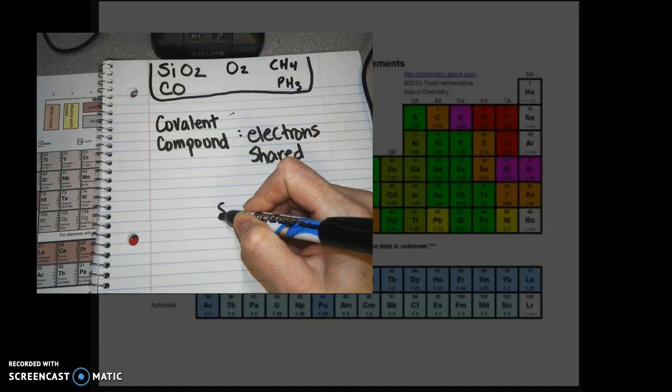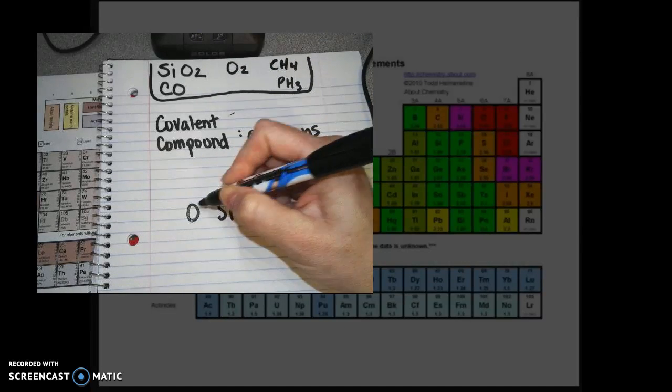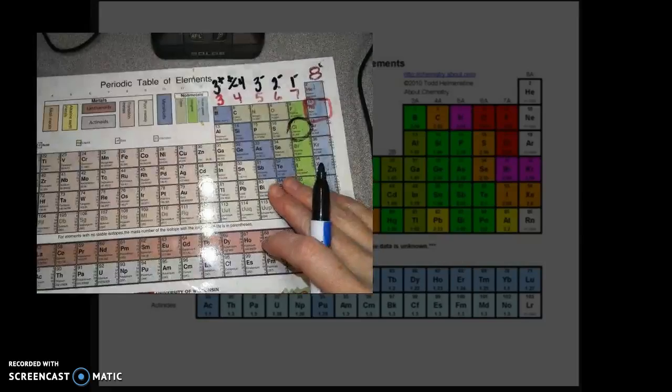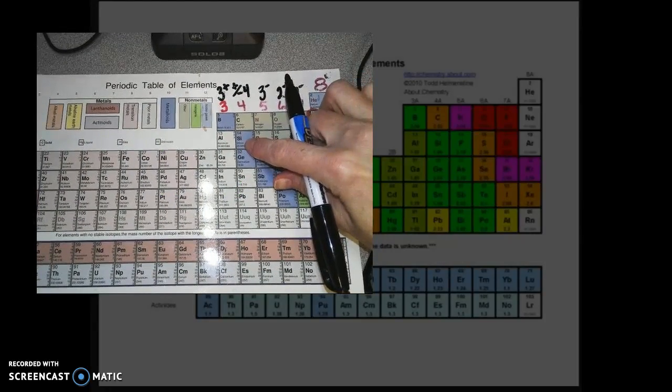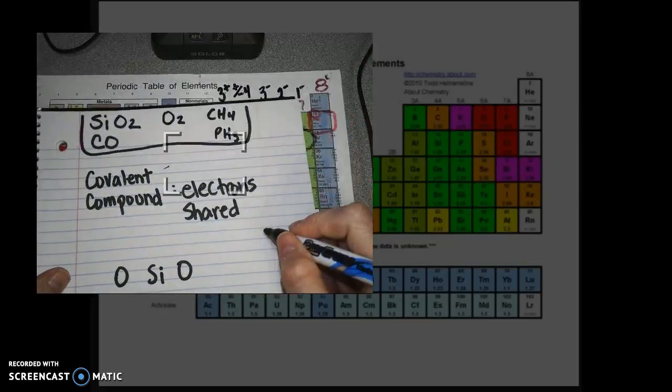Okay, so let's do this. Let's put silicon in the center, and let's put oxygen on either side. Okay, so we know that that's true. Now we've got to count up the number of valence electrons that we have here. So let's go to my periodic table. Here is silicon, and silicon has 4 valence electrons. So we start off with 4.